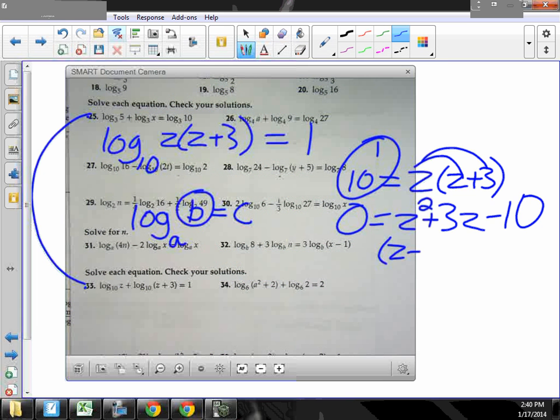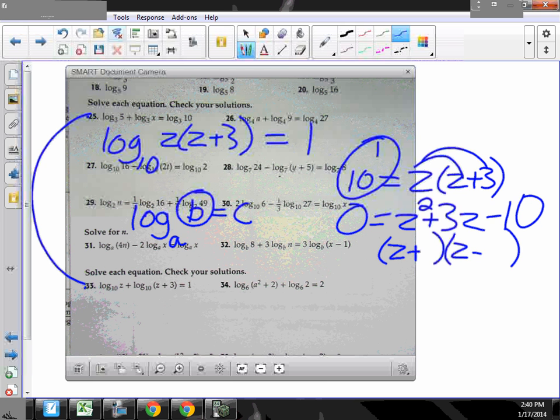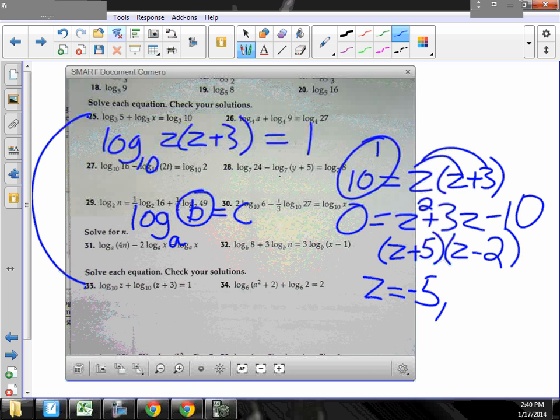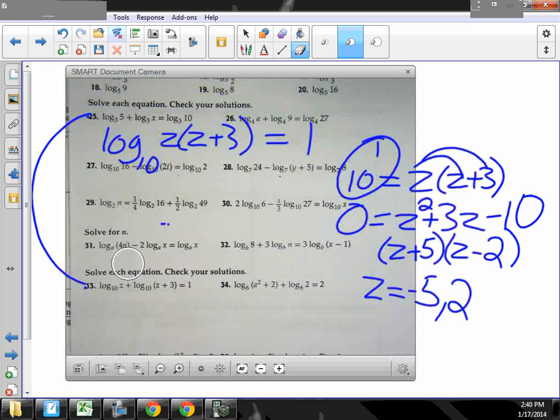Z plus, z minus. Okay, so what are my roots? -5 and 2. Now, it asks you to check your solutions.